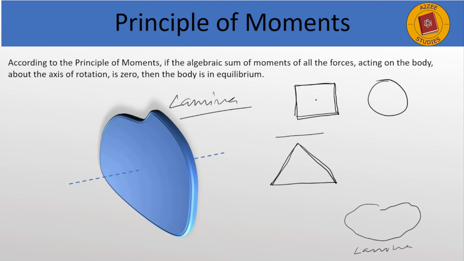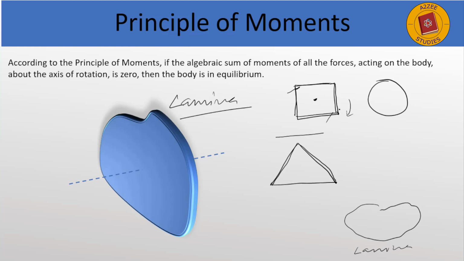Right? So in these regular bodies you will see that the center point is the geometrical center, the center of equilibrium. For example, if you hang it like this, if you put a pin through this point, you will see that the body rotates this side, right?